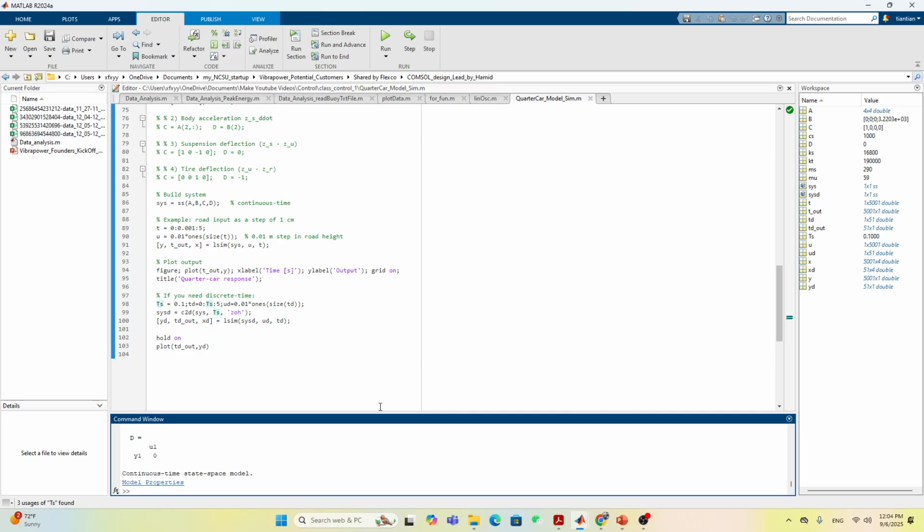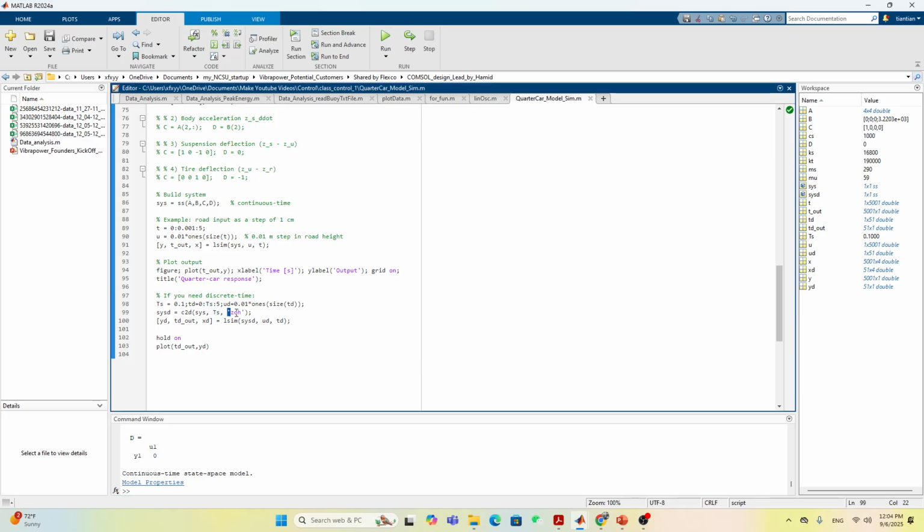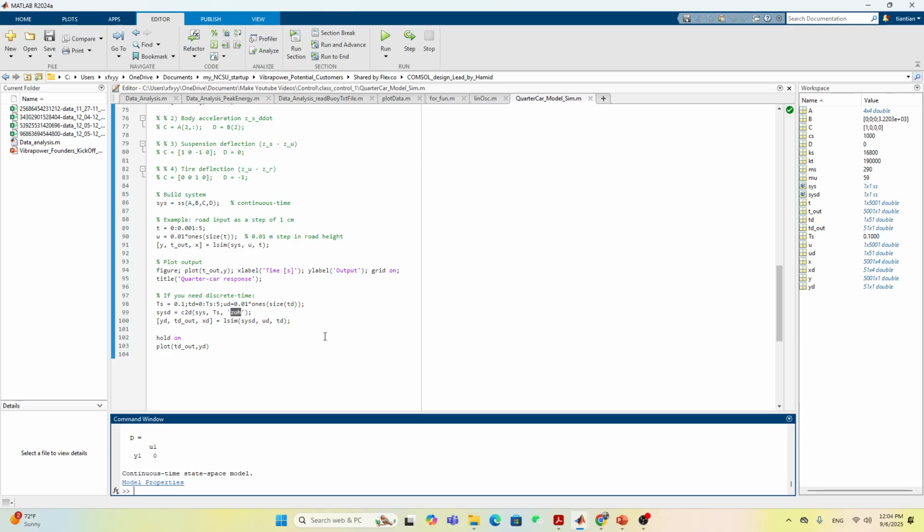So let's take a look, and this is the built-in function. ZOH means zero order hold. If you look at it, the system is discrete time, and you can see sample time 0.1 seconds, right? It also tells you it is a discrete time state space model. And looking at your A matrix, it does become a different A matrix, right?